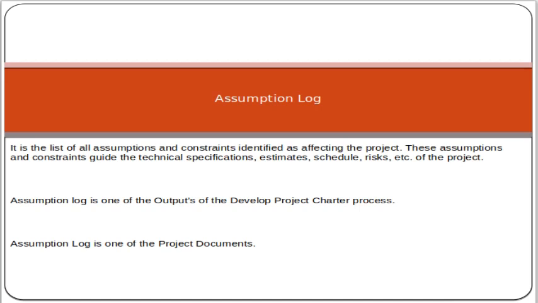You can think of this as an Excel sheet in which we mention all the assumptions related to the project. Why are we listing these assumptions in a document? Because we can mention them in a separate document so that we can review them at a later stage.